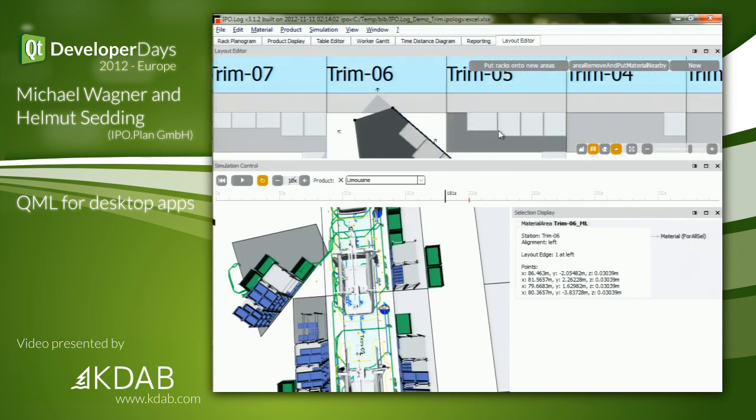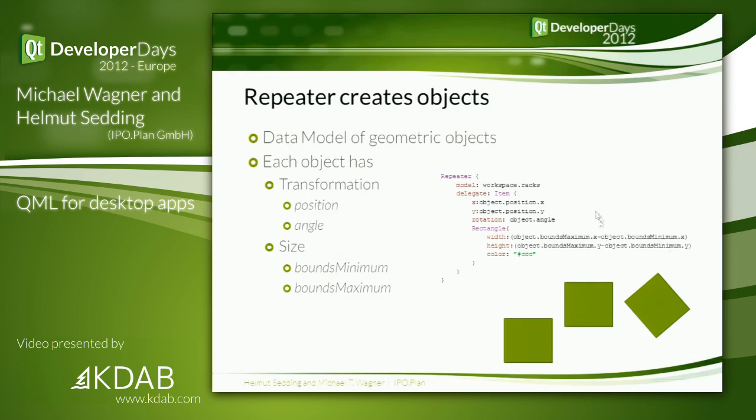These are light rectangles, and they have the X and Y position and the rotation angle assigned, and they have a certain size. So we deliver the bounds maximum and bounds minimum, and when we subtract them, we get the size of our rectangles. And it's simply positioned in the Flickable.